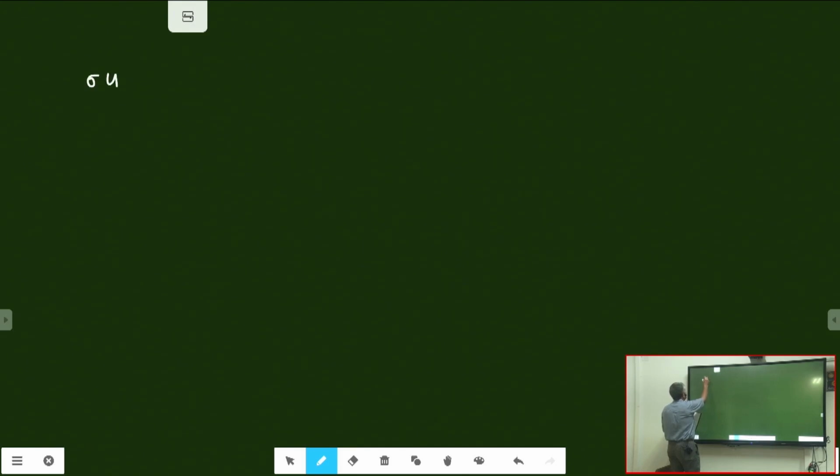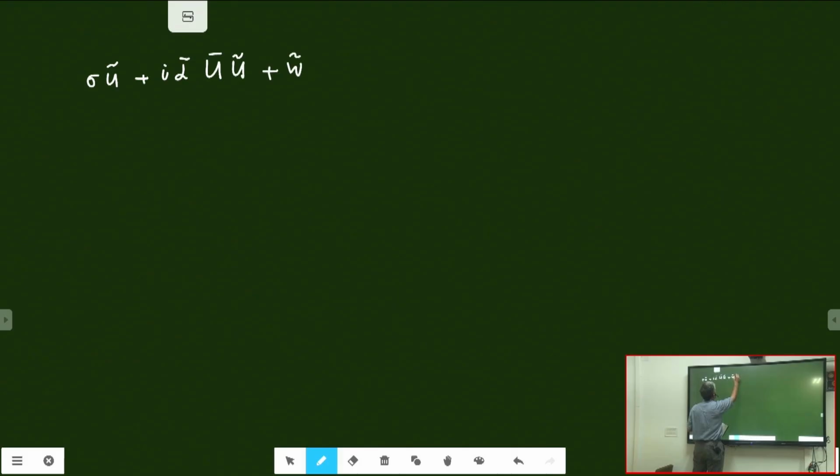sigma tilde u tilde plus i alpha tilde u bar u tilde plus w tilde d u bar plus i alpha tilde p tilde is equal to 0.